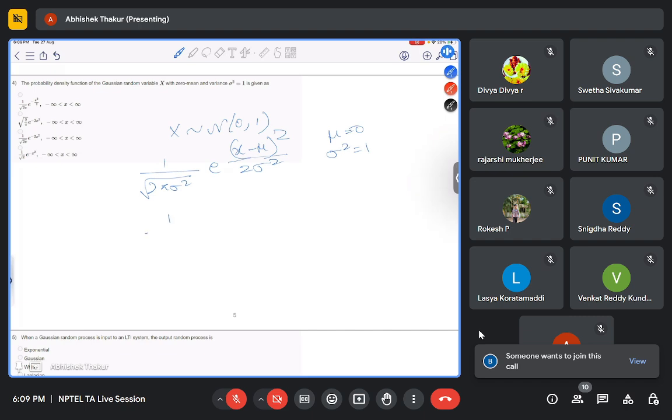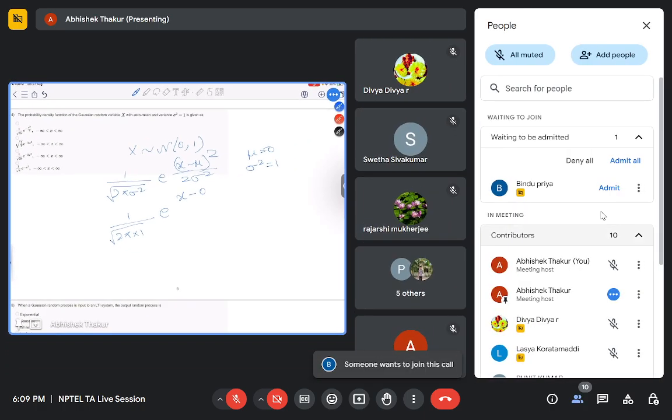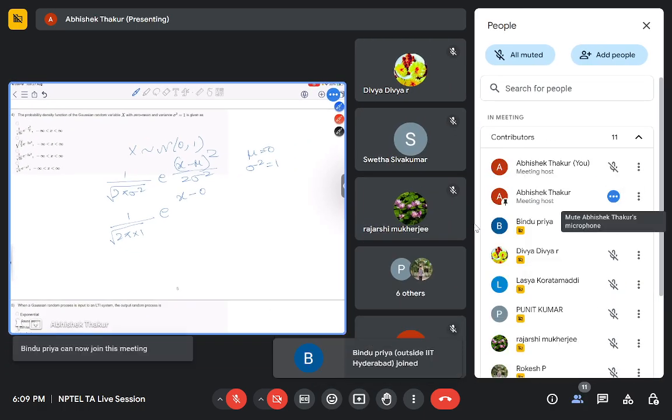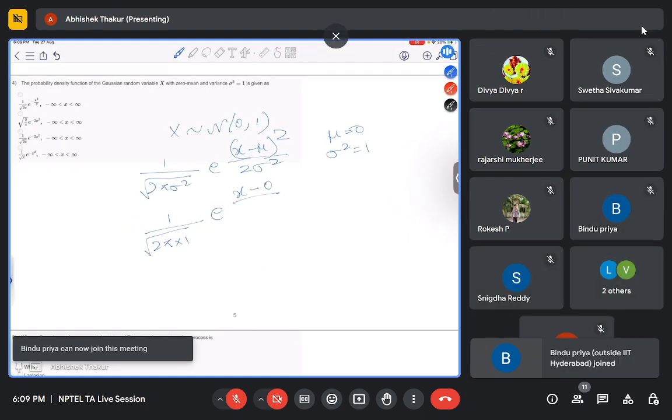So our answer will be 1 by 2 pi, and sigma square is 1 here and the mean is 0. Once the mean is 0, we put mu equal to 0 and again sigma square equal to 1.